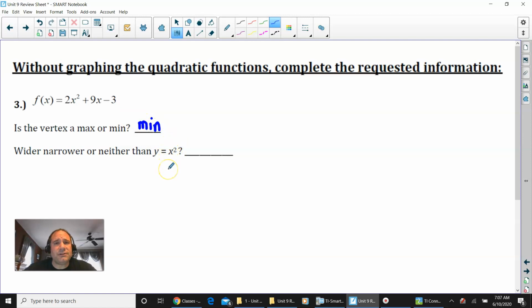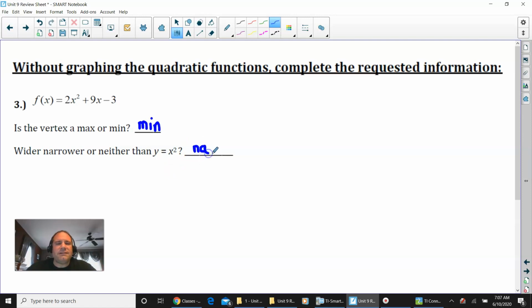Remember, the closer to 0, the wider it is. The further away, the narrower. So this should be narrow.